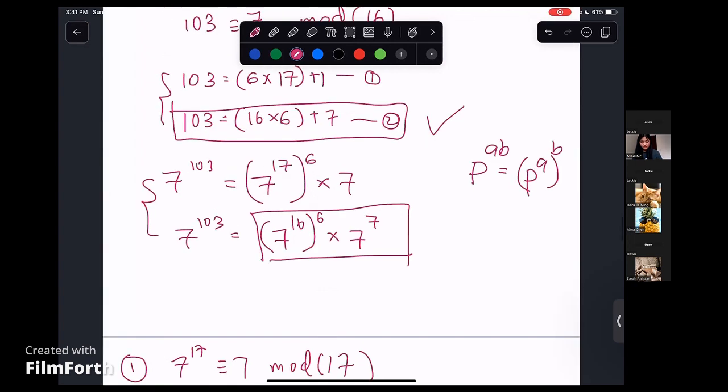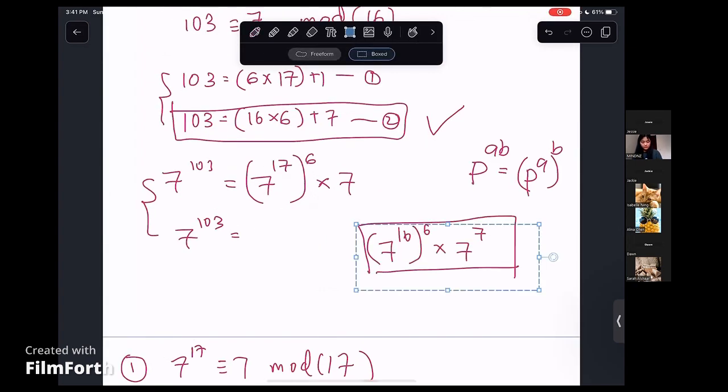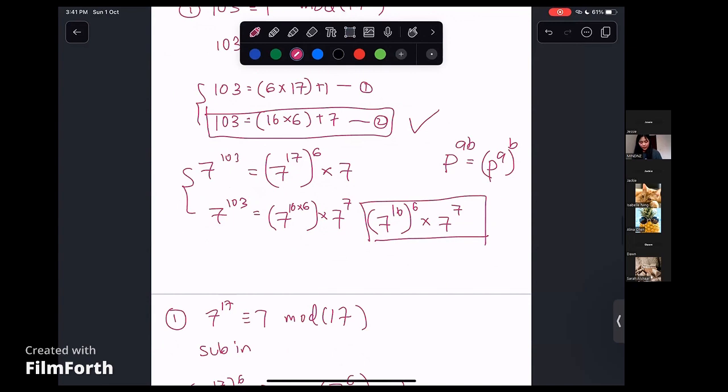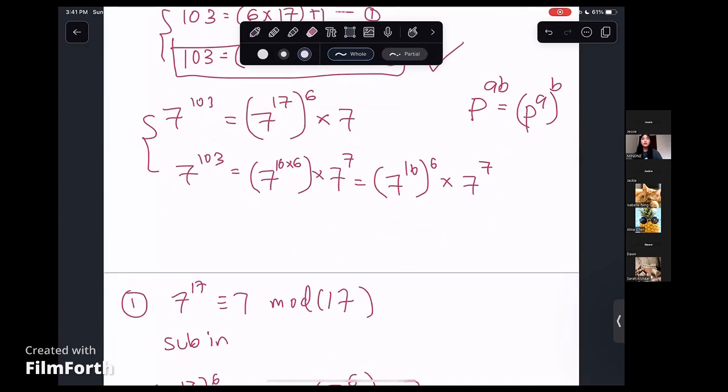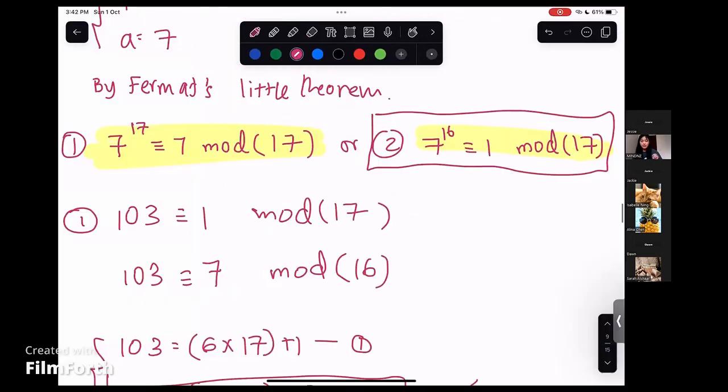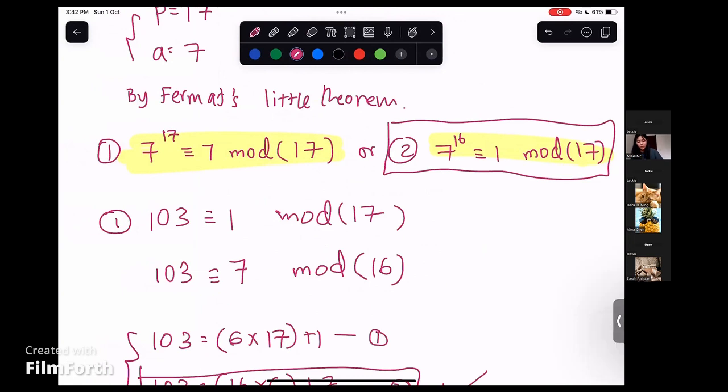So we've written 7 to the power of 16 times 6, times like this, again, and we've written it because it makes substituting a lot easier, right? So now we can use our second equation that we know from Fermat's little theorem, that 7 to the power of 16 is congruent to 1.